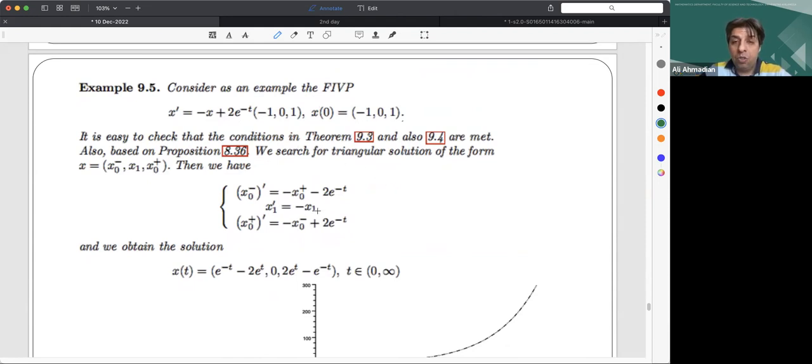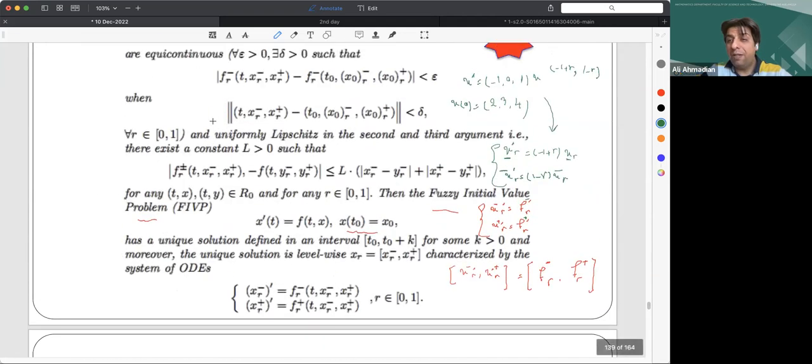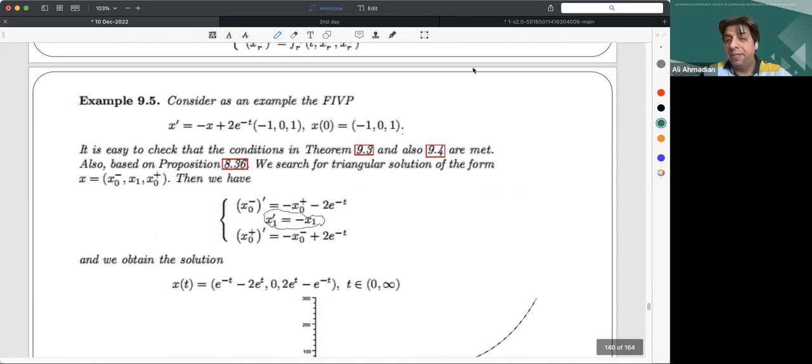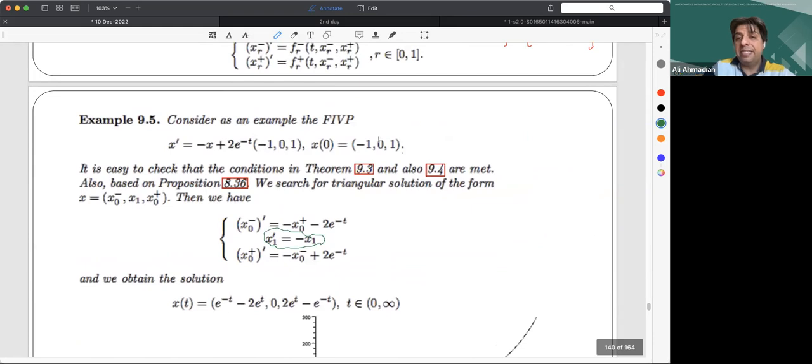We ignore this part because it's not usable for us. The left is minus x. Please pay attention to what we have here compared with this example. Minus x.